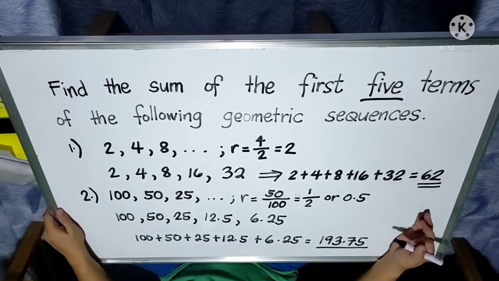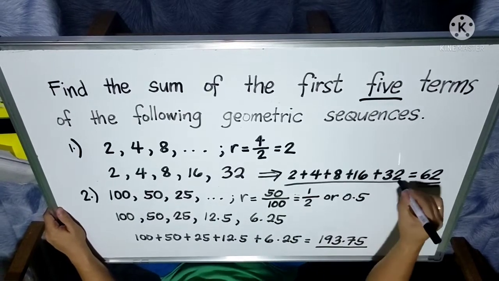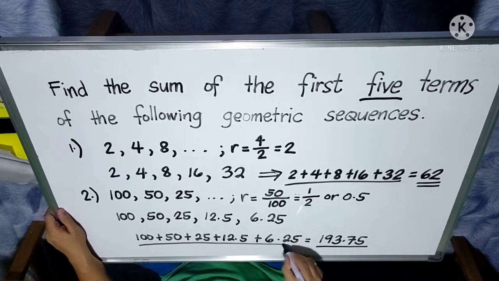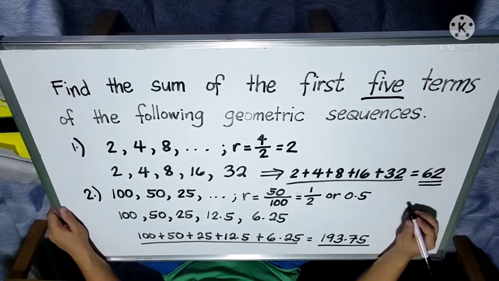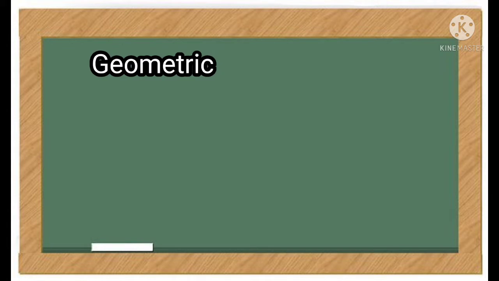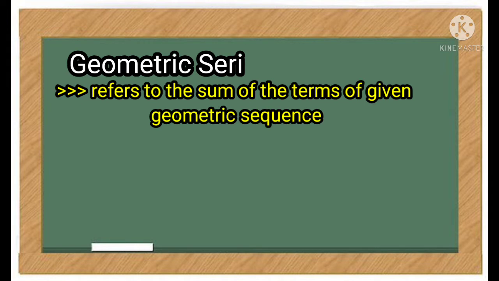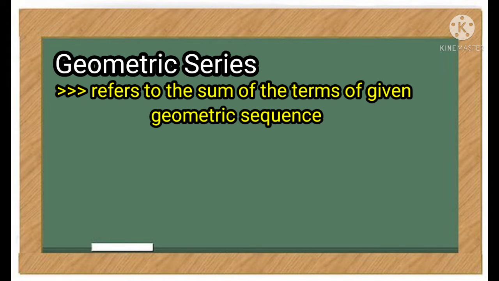What we did a while ago, getting the sum of the terms, is what we call a series. The 2 illustrations that I provided you were geometric series. So if you say geometric series, this refers to the sum of the terms of a given geometric sequence.